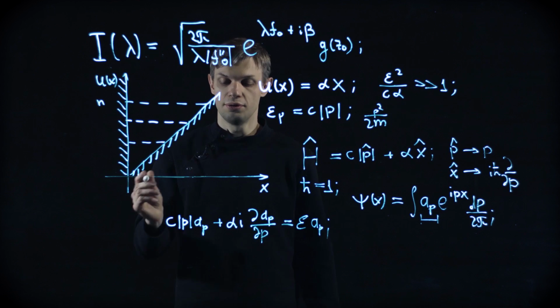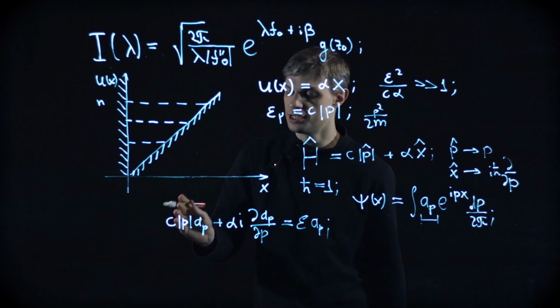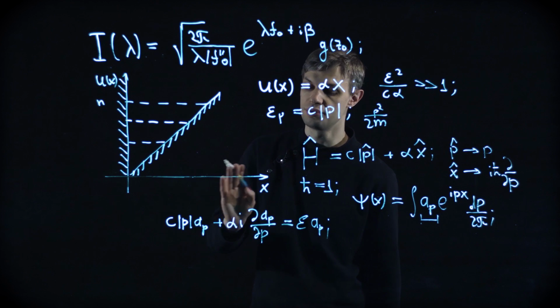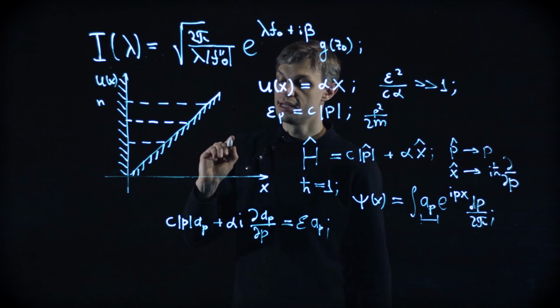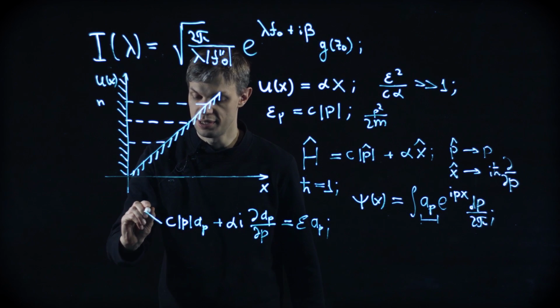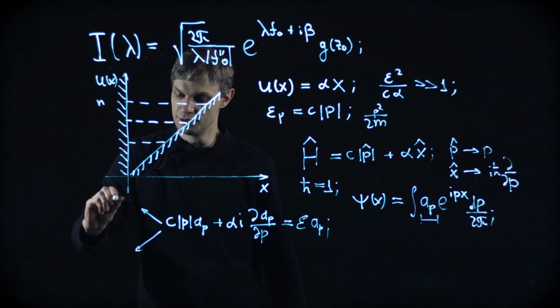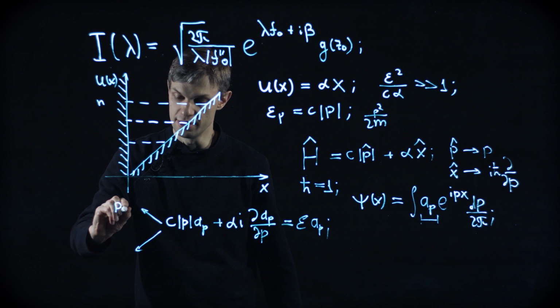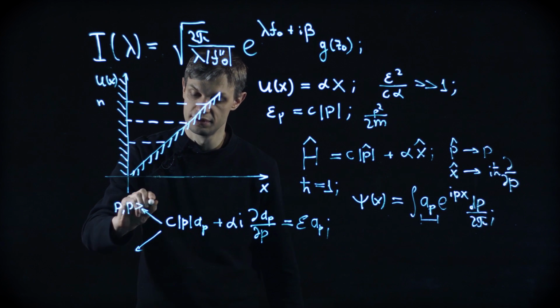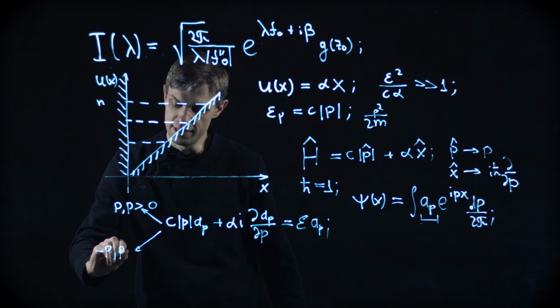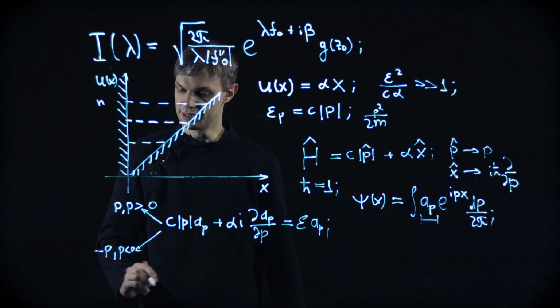The only subtlety here is that instead of just momentum, we have the modulus of the momentum, right? So we have to consider two cases, positive and negative momentum. Here they are. The modulus of p is equal to p if p is positive, and minus p if p is negative.